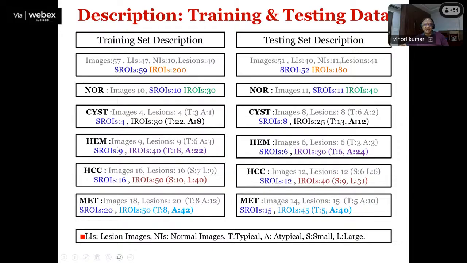So we divided in the same image, we just marked these are typical, these are atypical, so that this study we can do later on. So hemangioma, HCC, metastasis. So we prepared this data set for training, this data set for testing.